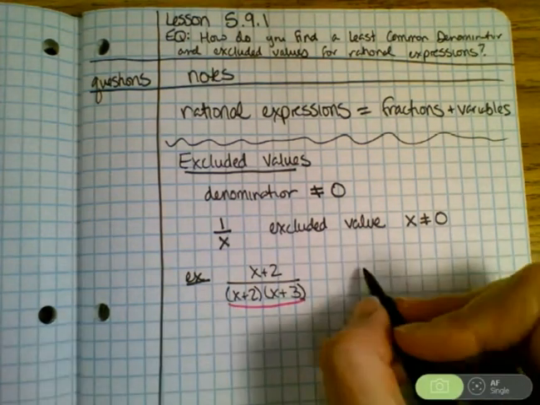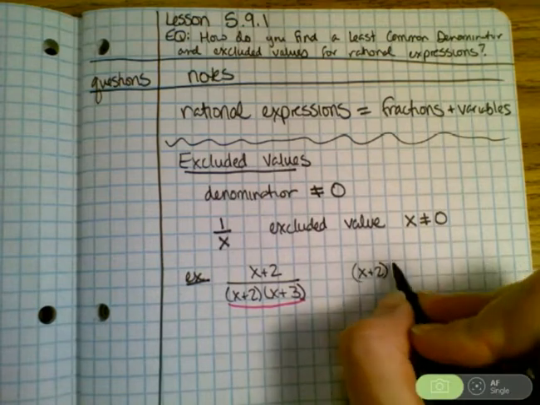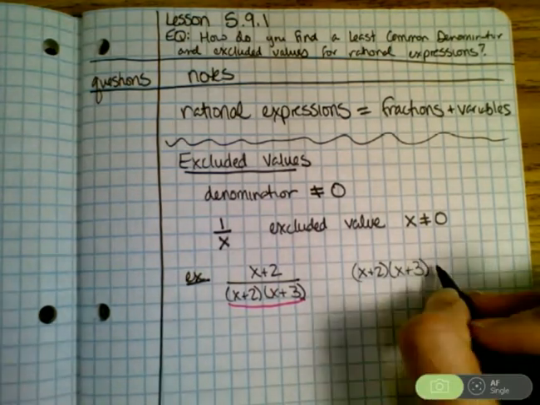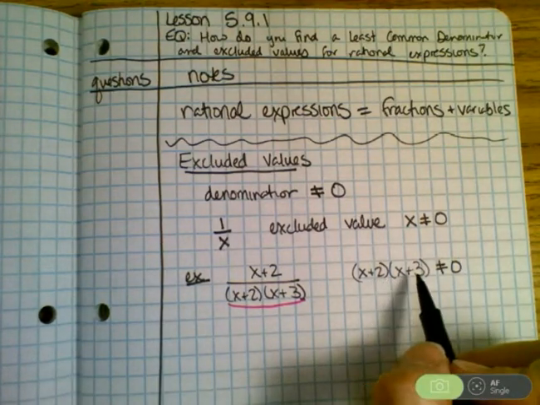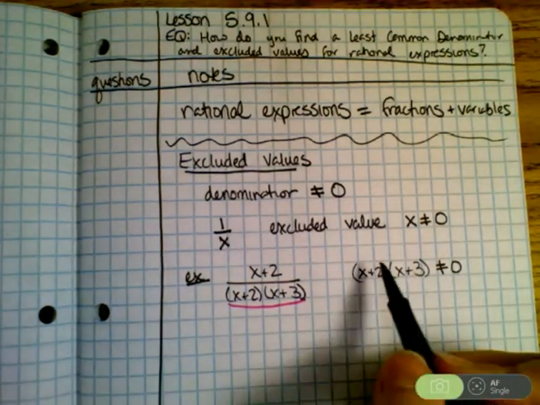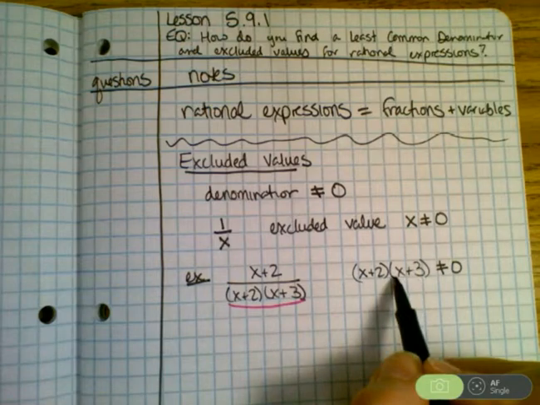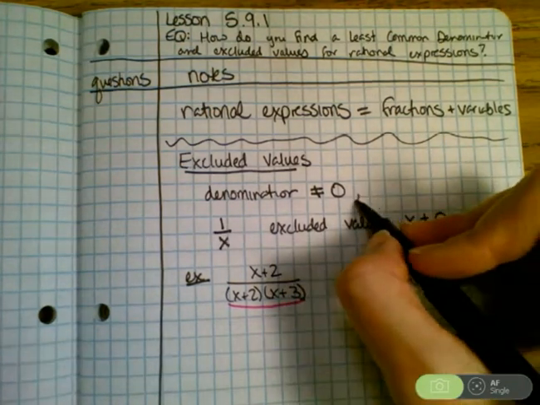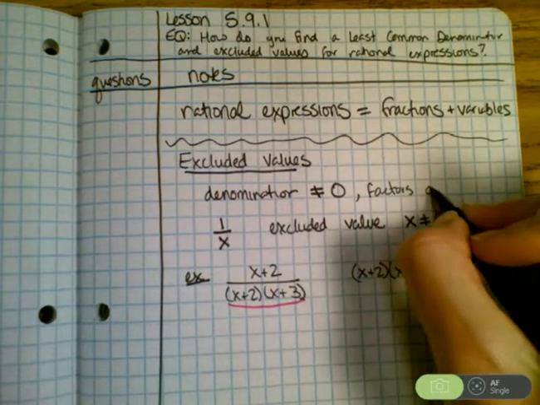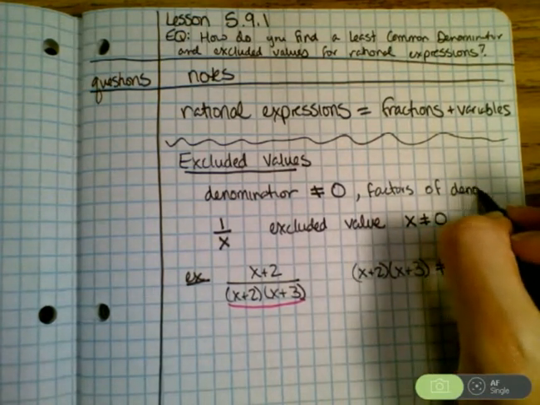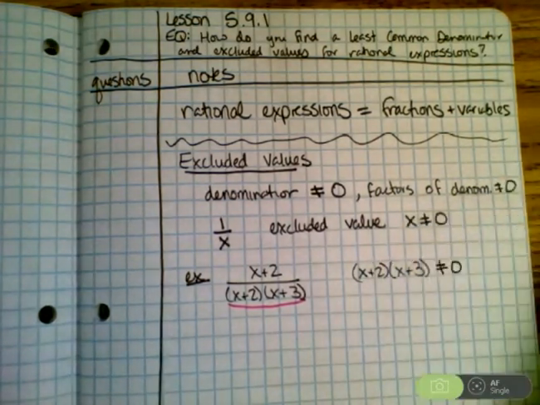So we say (x plus 2) times (x plus 3) can't equal 0. Well, if (x plus 2) times (x plus 3) doesn't equal 0, then this can't be 0 and this can't be 0. So each factor of the denominator can't be 0.